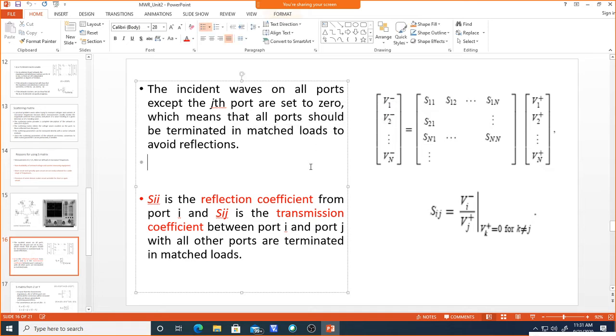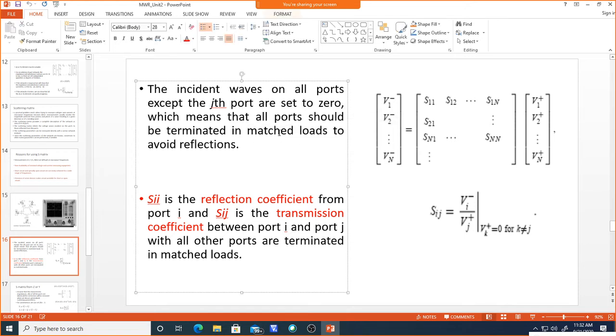It will absorb the energy coming to that particular port. You might have seen how it looks: in a rectangular waveguide there will be a sharp absorber kind of thing. I will show what a matched load is in a figure in the next class. Okay, so this is very important.